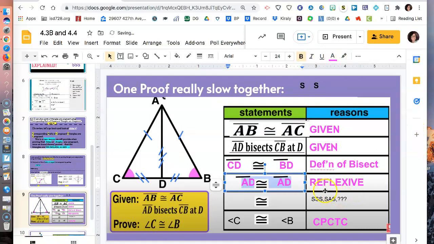You not only just knew the properties, you were able to take an unmarked picture, mark it with a given. We have all the proof to fill in. We weren't plain fill in the blank, and we weren't plain select from a word bank. We were getting it all from our brain. So this is about as difficult as it's going to get.